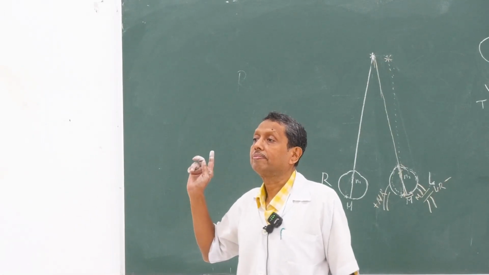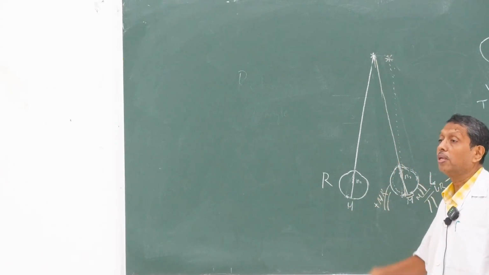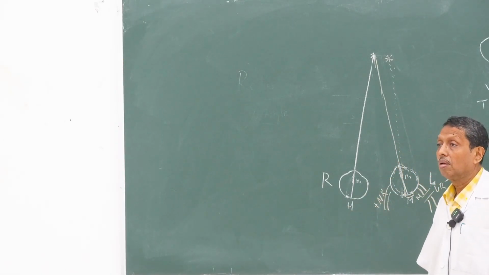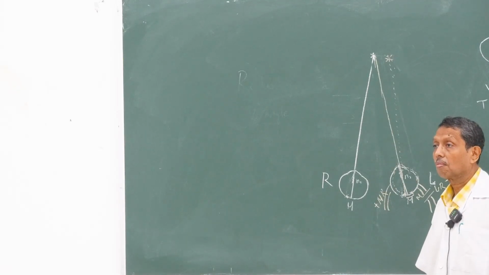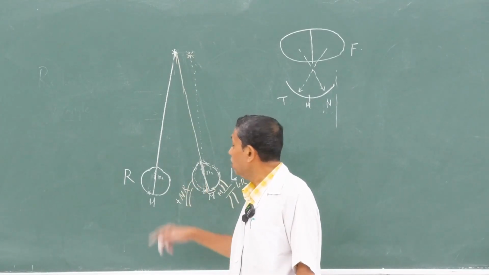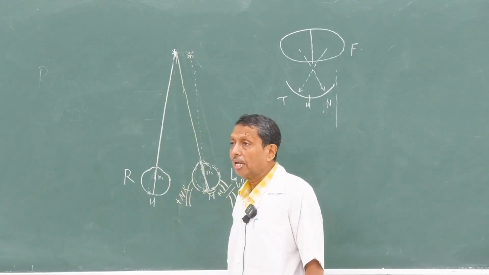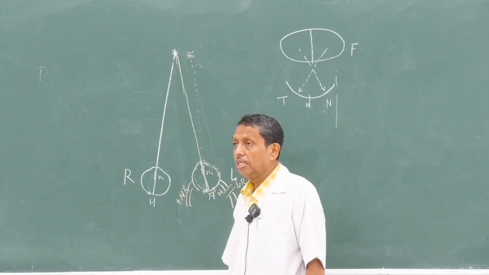Uncrossed diplopia. If there is a lesion of the medial rectus, then there will be crossed diplopia, because in that case the image will be on the temporal side, so it will be on the medial aspect. It will be crossed diplopia.